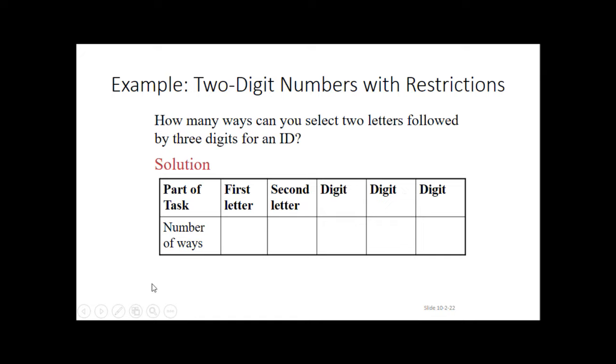That's going to be important later on, so keep that in the back of your mind. An ID that was AB123 would be different than an ID that was BA123, but the fundamental counting principle accounts for that. So how many letters are there in the alphabet that we could use for our first letter?